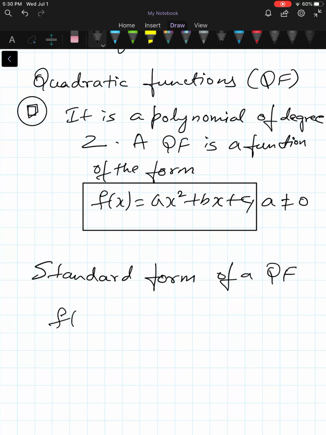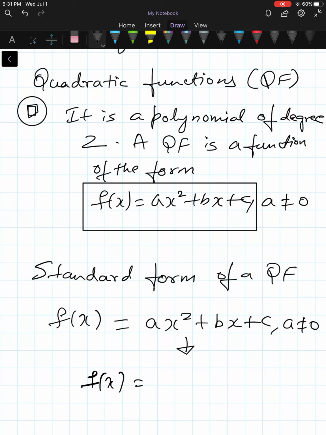So a quadratic function, by definition, is of the form ax square plus bx plus c, and a is not equal to 0, right? So by completing the square, you can express this particular equation in the standard form f of x is equal to a times x minus h the whole square plus k.